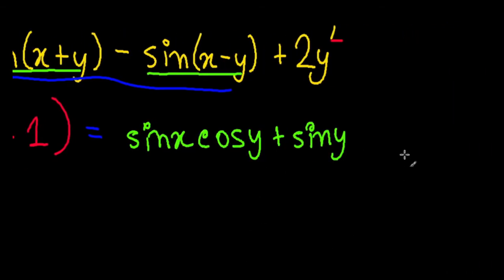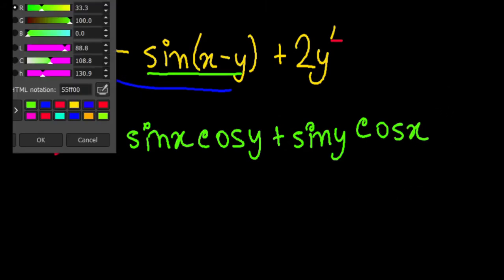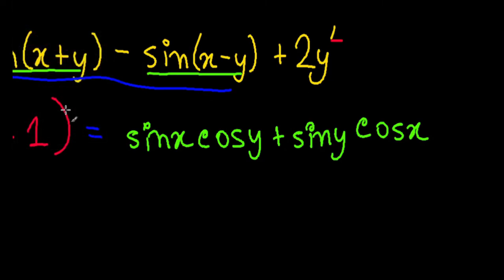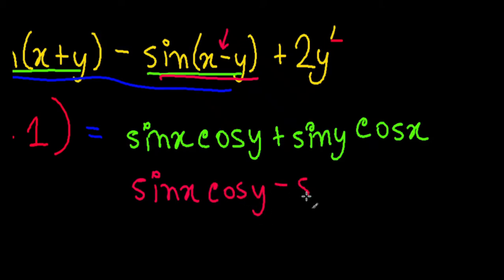And the other one right here is about the same thing as this. If you remember the addition formula, you just get a minus in between. So this is just going to be sine of x cosine of y minus sine of y cosine of x.